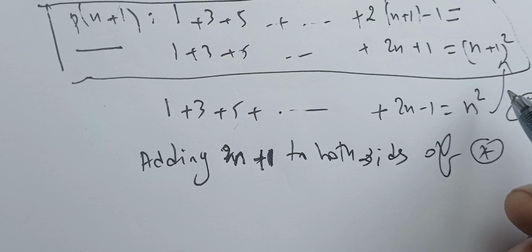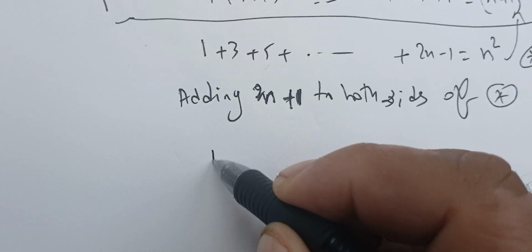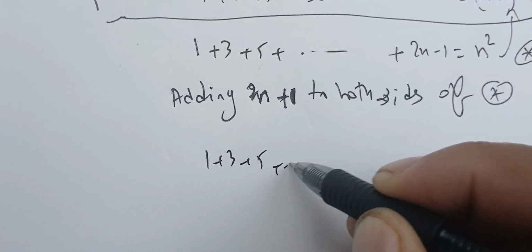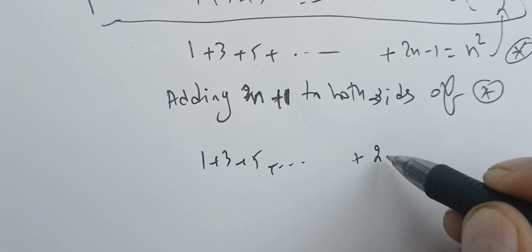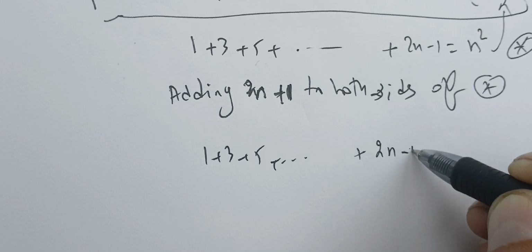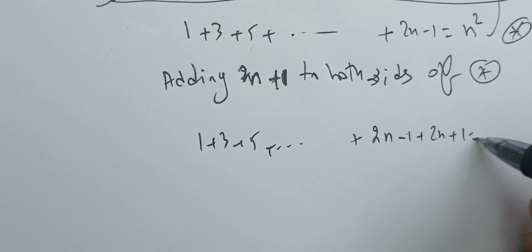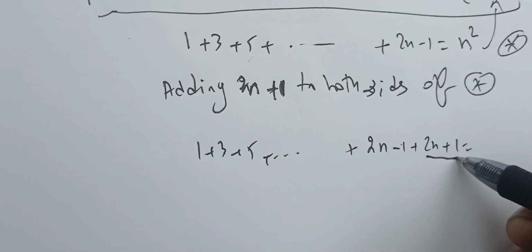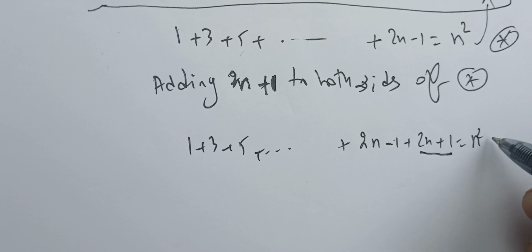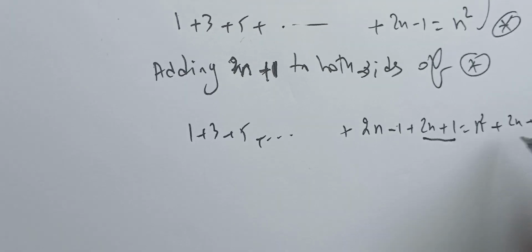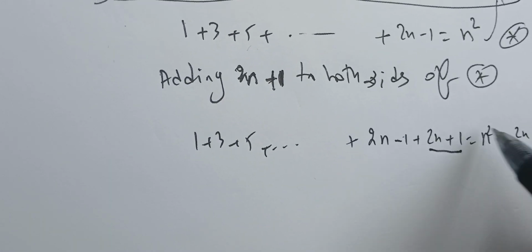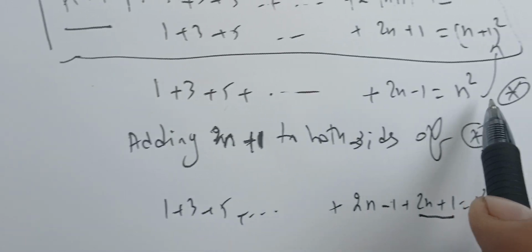What happens when we add that? We get 1 plus 3 plus 5 up to 2n minus 1 plus 2n plus 1, because this is the next odd, is equal to n squared plus 2n plus 1. So I added 2n plus 1 to both sides in the induction hypothesis.